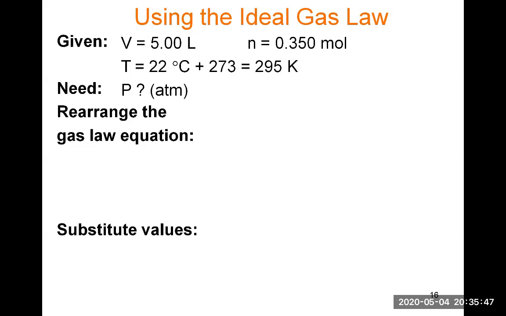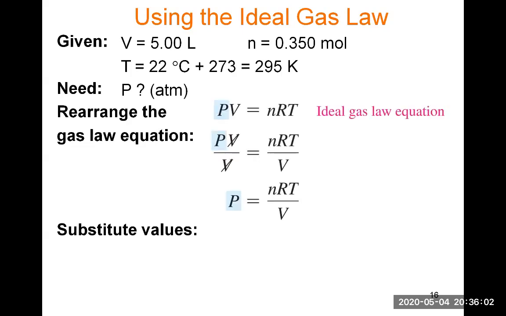So we need to find P. The ideal gas law says P times V equals nRT, so we need to isolate P, or solve for P. The way to do this is to divide both sides of the ideal gas law by the volume.